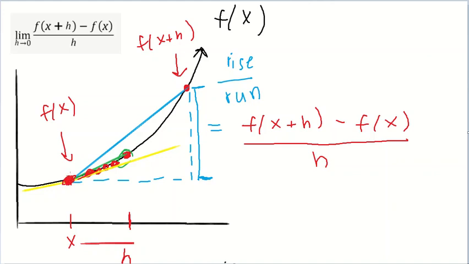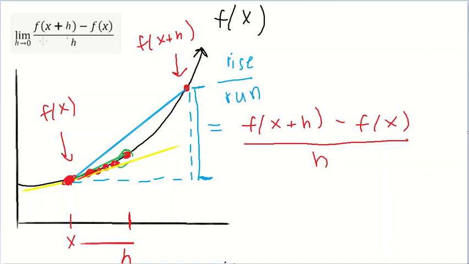So that's really significant because it allows us to find an exact slope of a function that's curvy, right? Before this video, we only knew how to find the slope of a line if it was straight. But now what we can do is even if we have a curvy function, we can still figure out the slope by finding the tangent line.